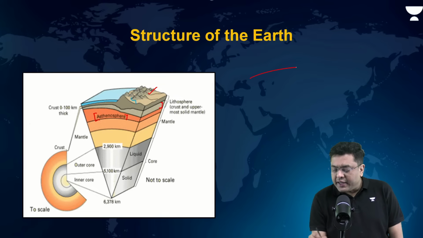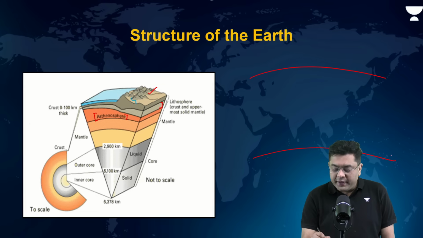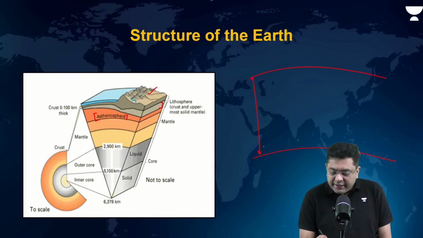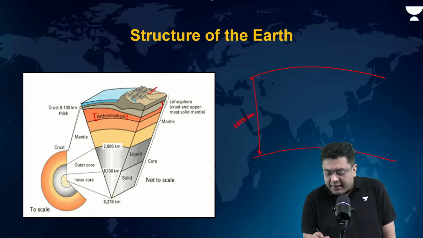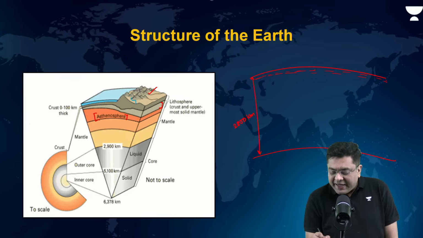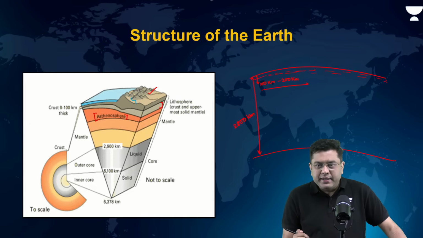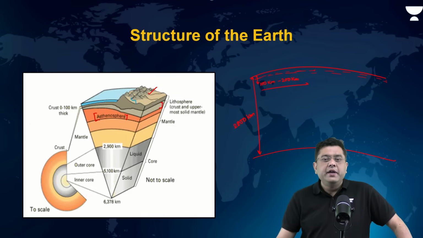Mantle has got a thickness of 2,800 kilometers. So if I consider something at a depth of 100 kilometers from here, or 200 kilometers from here, it will still be the upper portion of mantle, because mantle in itself is 2,800 kilometers thick, isn't it?